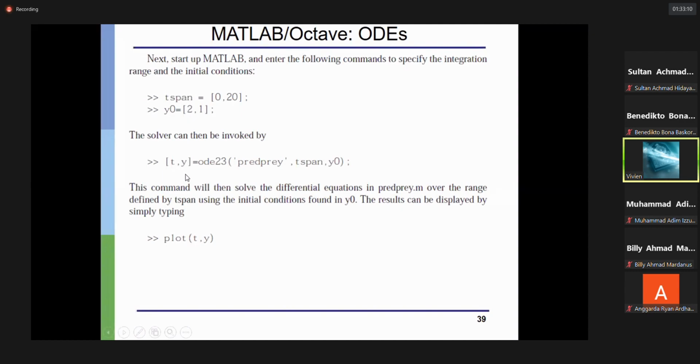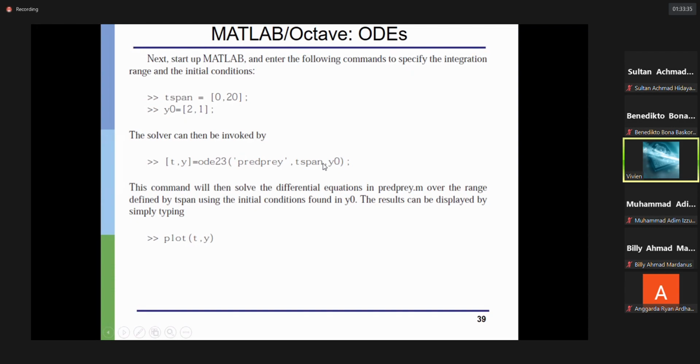So we can call the function ODE23 and put the result in a matrix, which is ty, equals ODE23, with the function Bradbury, comma the tspan, the abscissa values that we want to generate from 0 to 20, and the initial value.